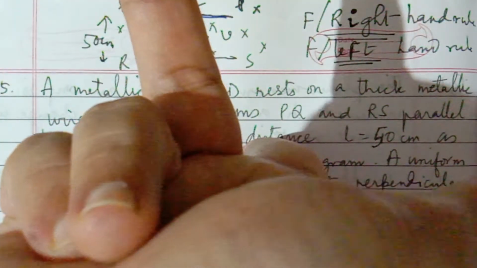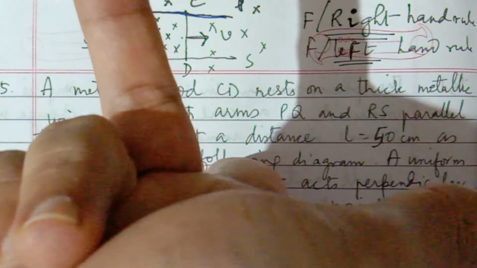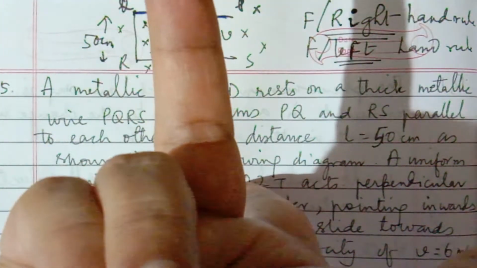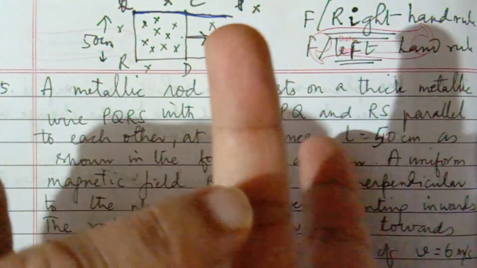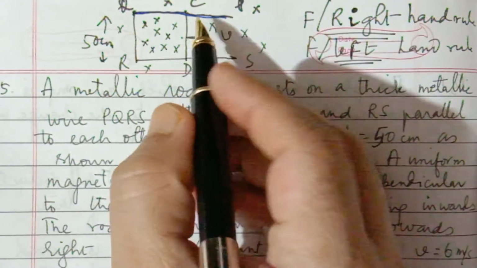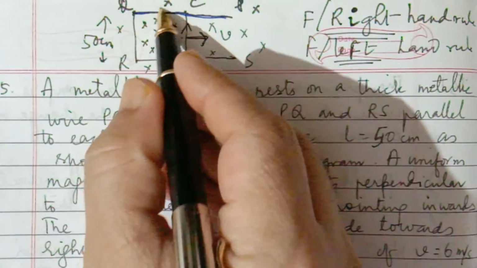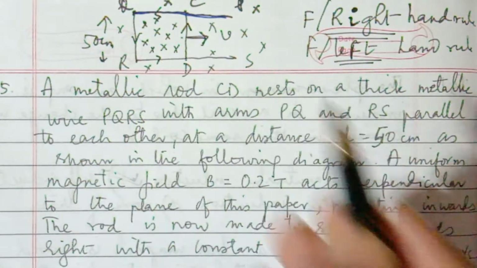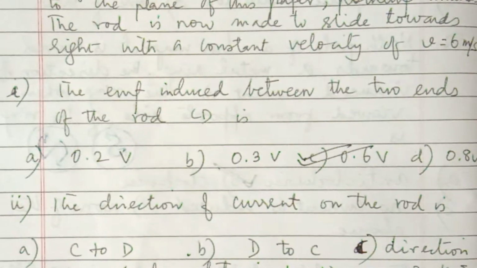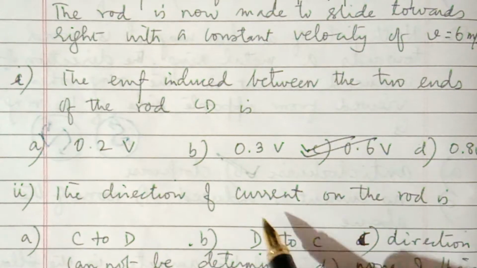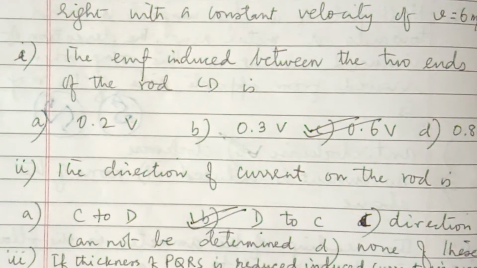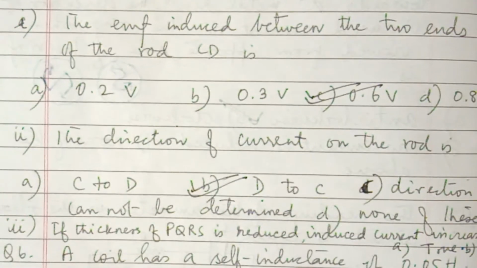You can clearly see that force is in this direction, magnetic field downwards. Then the thumb is showing D to C. So current will flow D to C, C to Q, like this. So here you have to write only D to C. This is the way to find the direction of current.